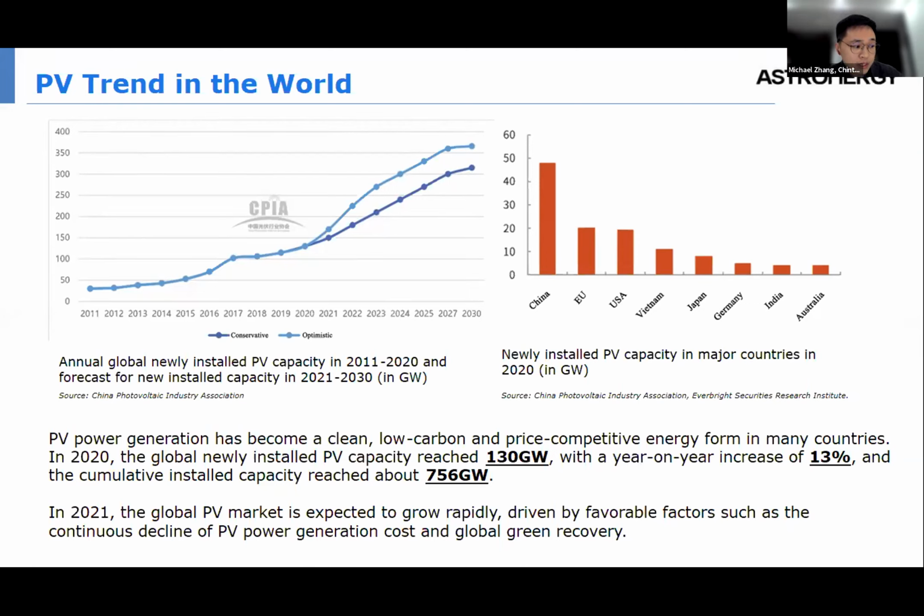Besides, we are expecting an even bigger target in the coming decades, as there is still a long way to go before we could slow down the temperature rise. So the solar energy industry will definitely keep growing at an even higher speed.